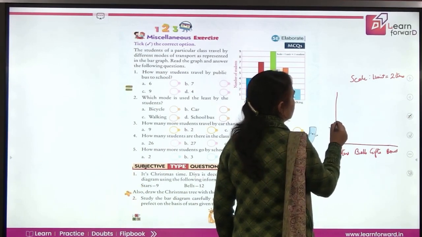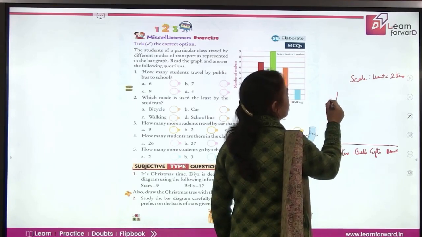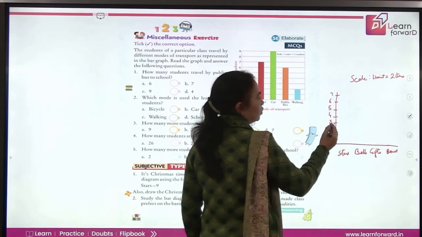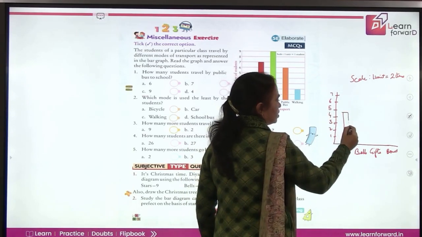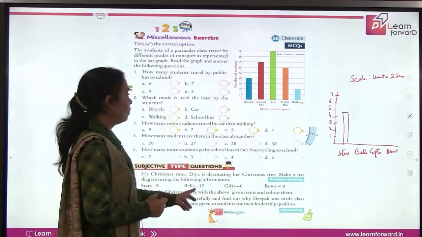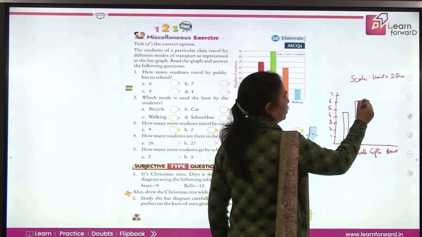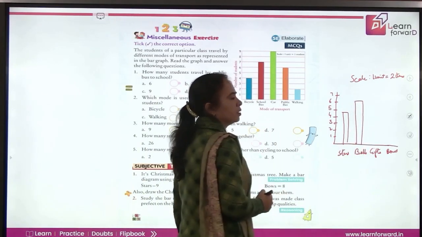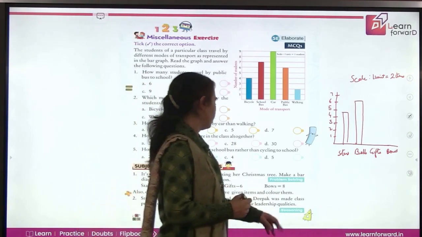This should be at equal distance, so use a scale to show this. So your 9 will be represented between 4 and 5. This is the number of stars, right? Next is bells, 12. So your bells will go up to 12 divided by 2, which is equal to 6, right? And then similarly, you will be showing the gifts and bows also.